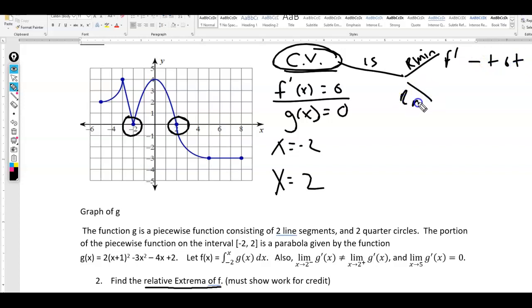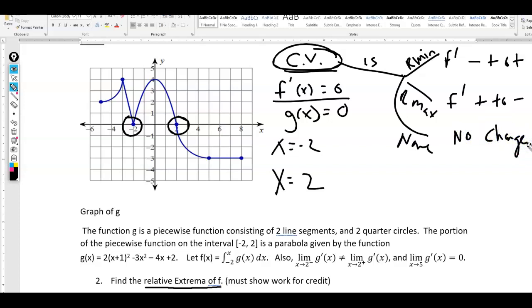It's a relative max if f prime goes from positive to negative at that point, and it's nothing if there's no sign change.